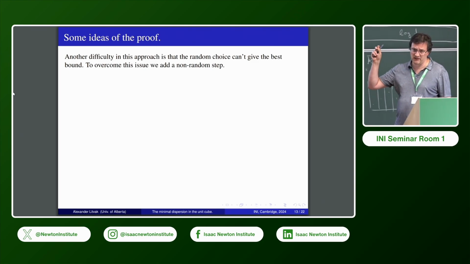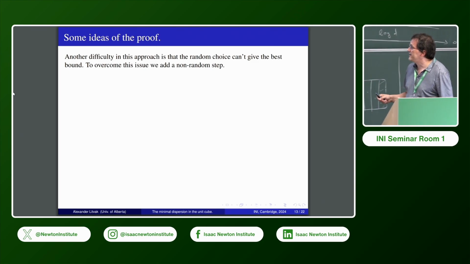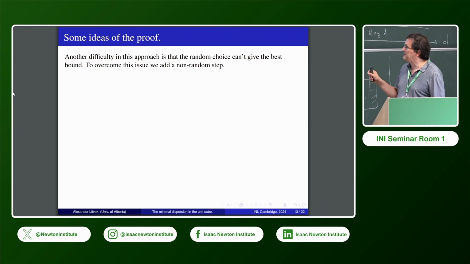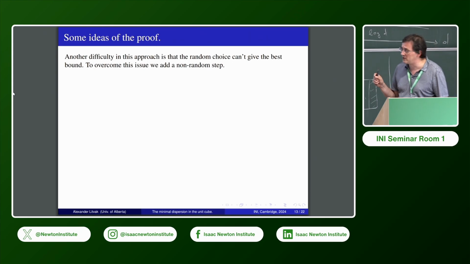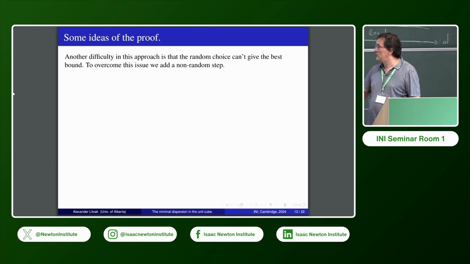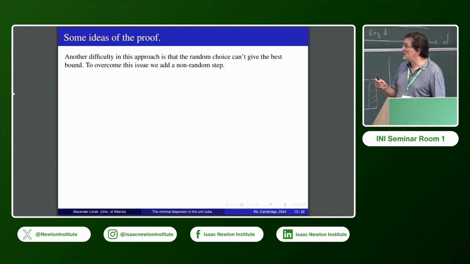First we choose random points, and then we use, in a sense, a non-random step. We will fill out boxes which do not contain random points. Actually, this idea was used in several works in combinatorics, but somehow it wasn't used for this problem. I don't know why.